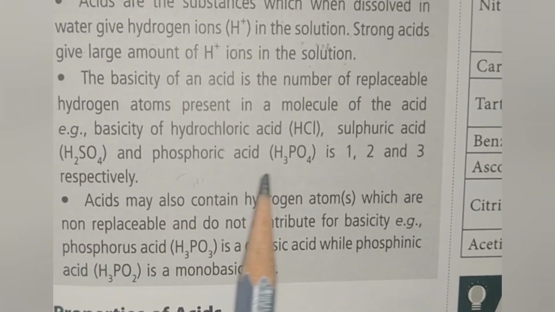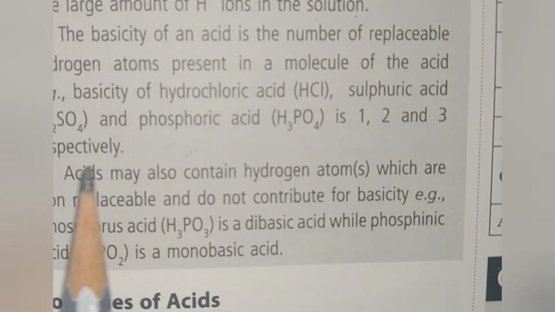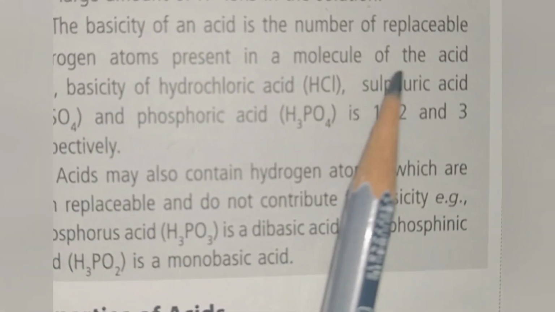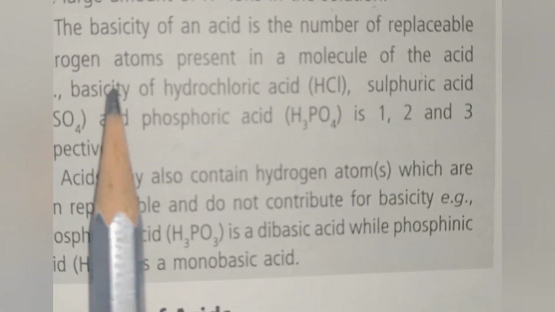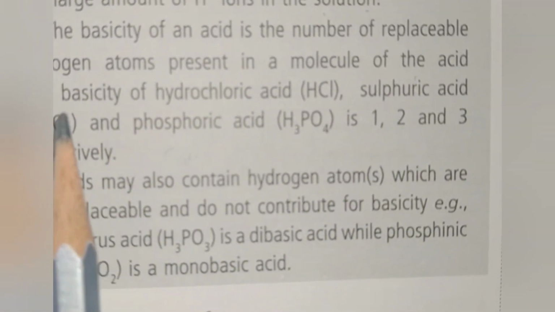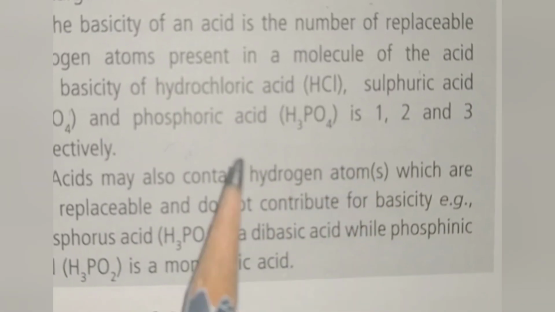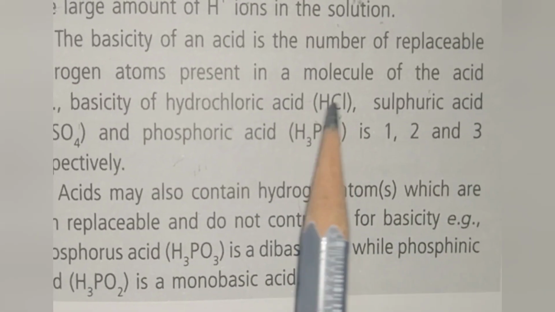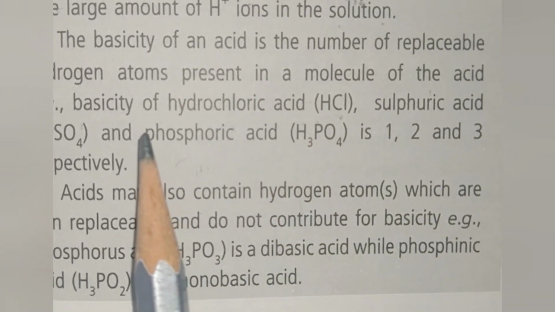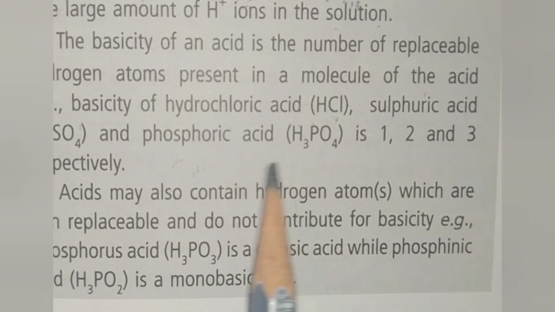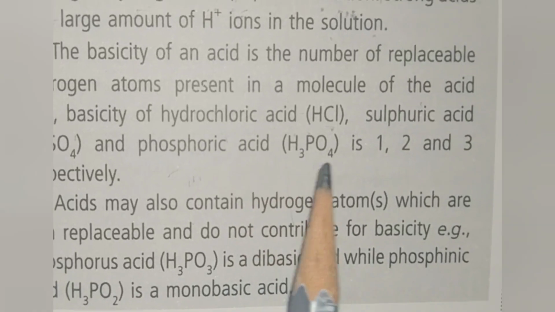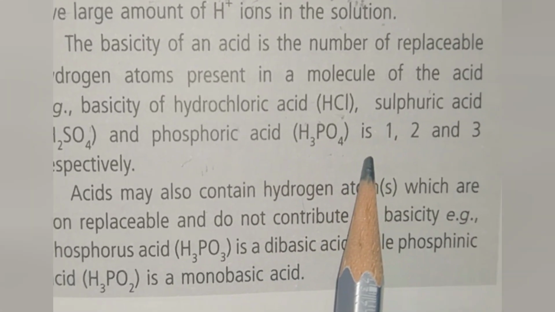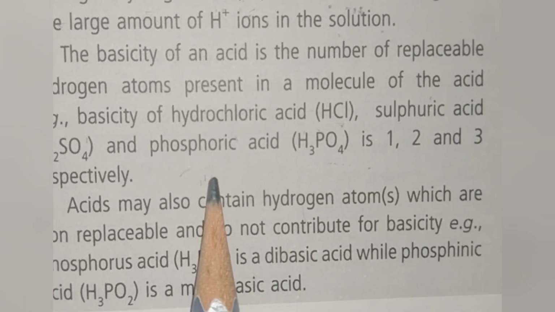Always remember one point. We take the basicity of acid. Basicity means how many hydrogen atoms are furnished by the acid. For example, hydrochloric acid HCl furnishes one hydrogen, so its basicity is 1. Phosphoric acid H3PO4 furnishes 3 hydrogens, so its basicity is 3.